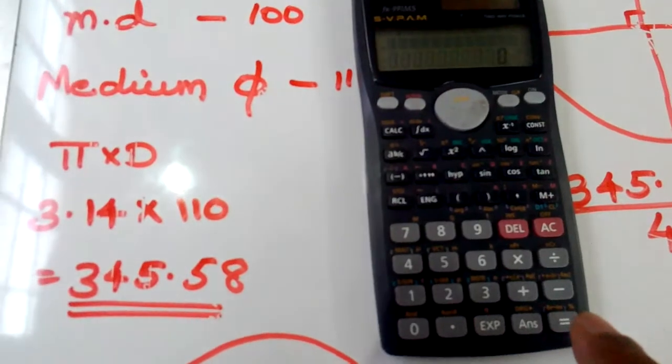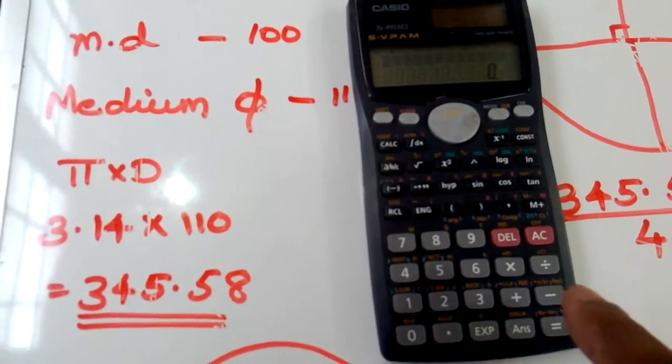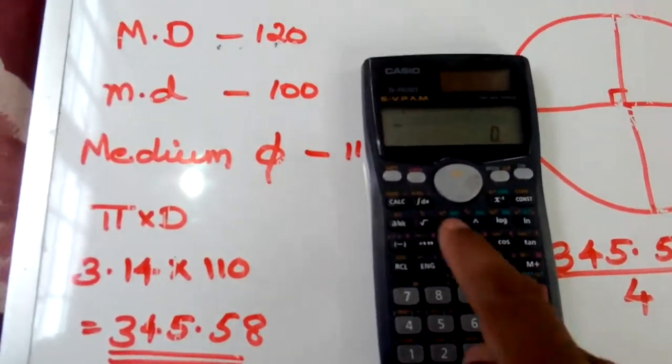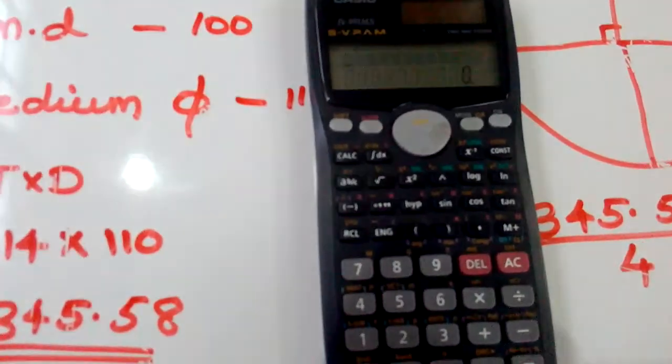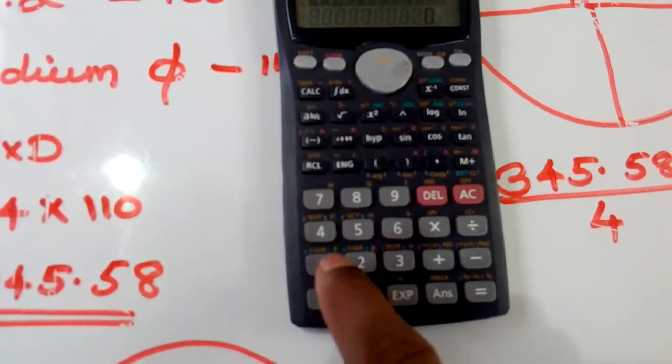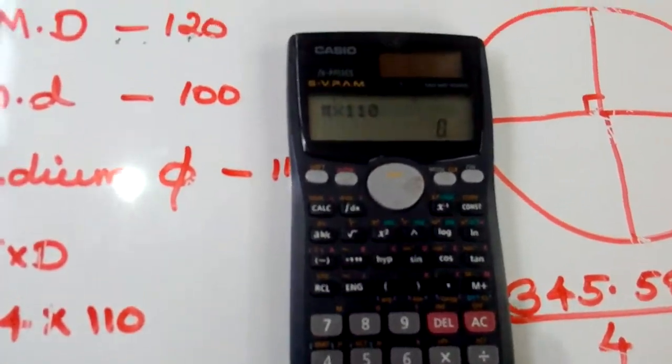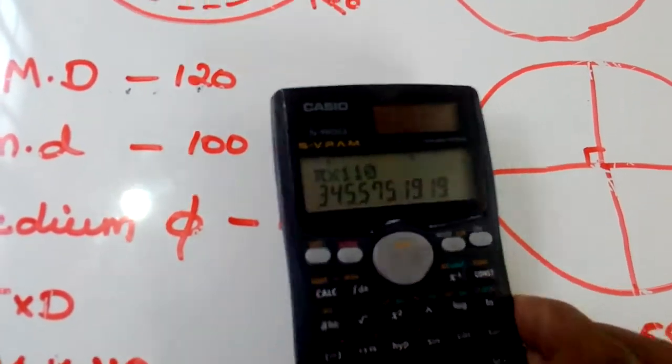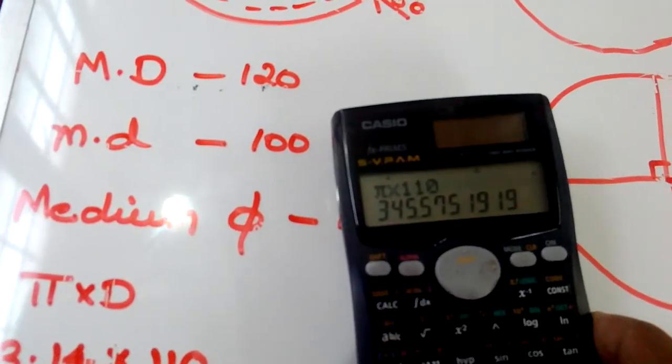If we calculate pi into d, pi into 110, we will get a measurement of 345.58.